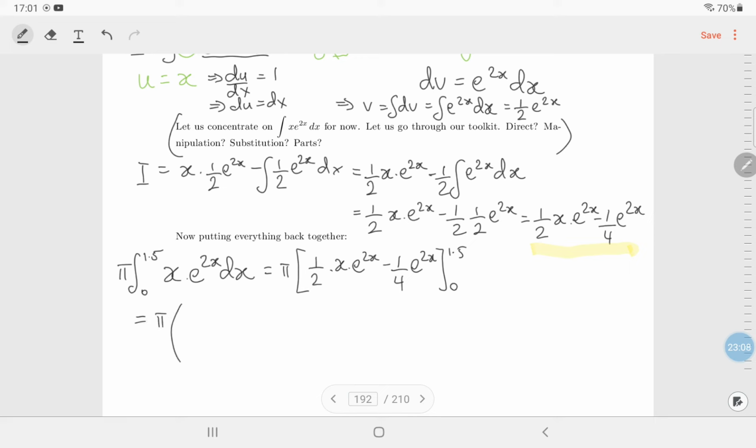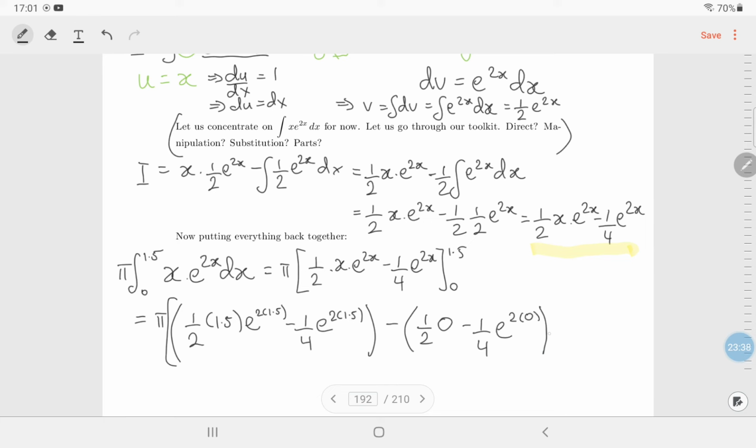So substitute x equals 1.5, so I get a half times 1.5 e to the 2 times 1.5 minus a quarter e to the 2 times 1.5. Substitute in the bottom limit. Now the first term will be 0 because it's a half times 0. It doesn't matter what happens after that. But it's minus a quarter e to the 2 times 0, which doesn't give you 0.